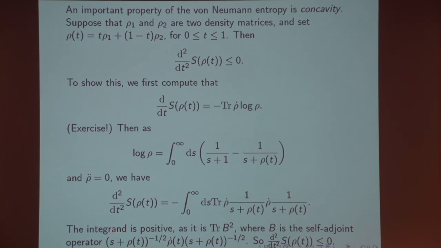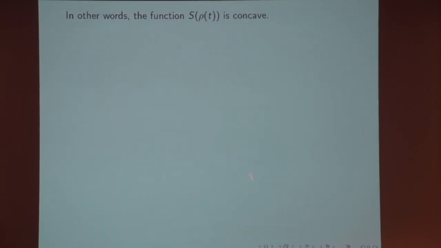The integrand is positive because it's the trace of b squared where b is a self-adjoint operator, namely this one. So the second derivative of the entropy is minus the integral of something positive, so it's negative. And if you're a little more careful, you'll see it's strictly negative, except under very strong conditions. So in other words, this function S of rho of t is concave.